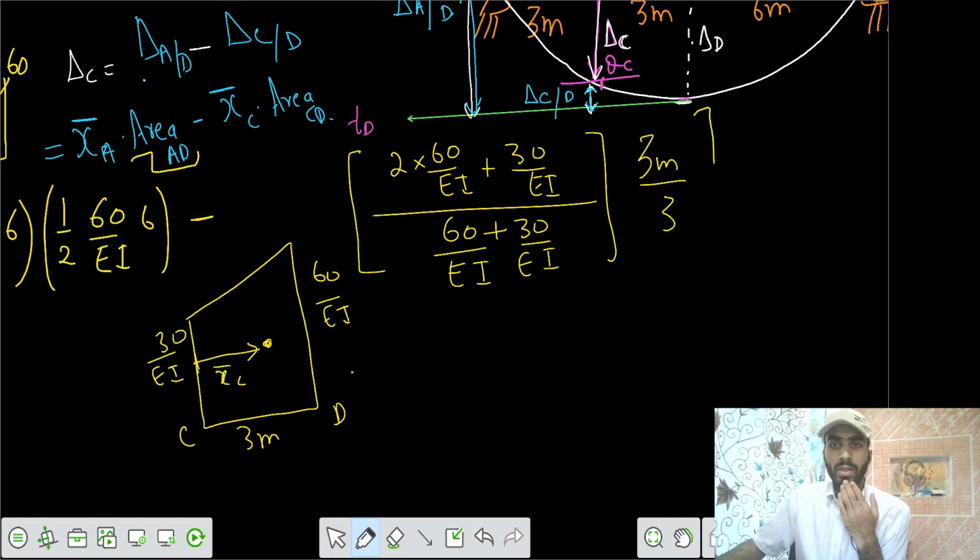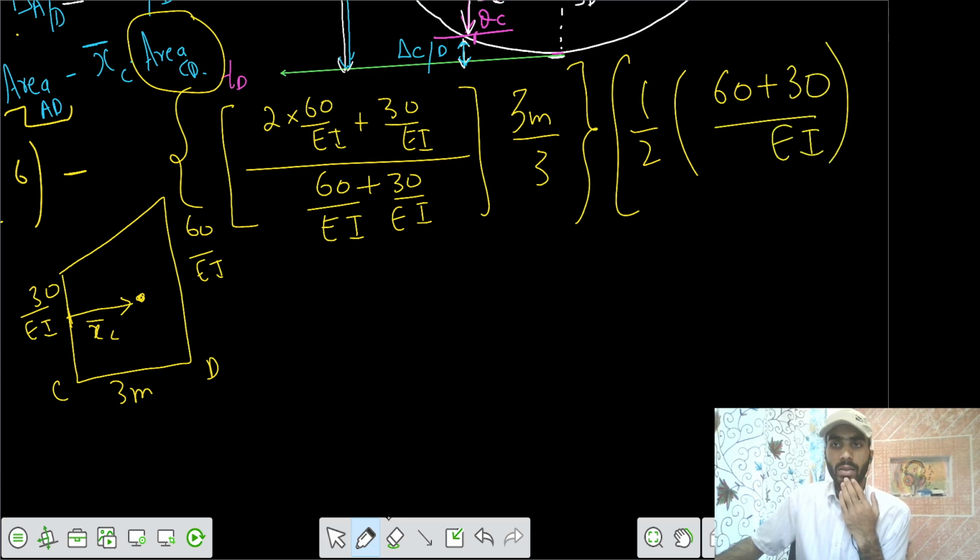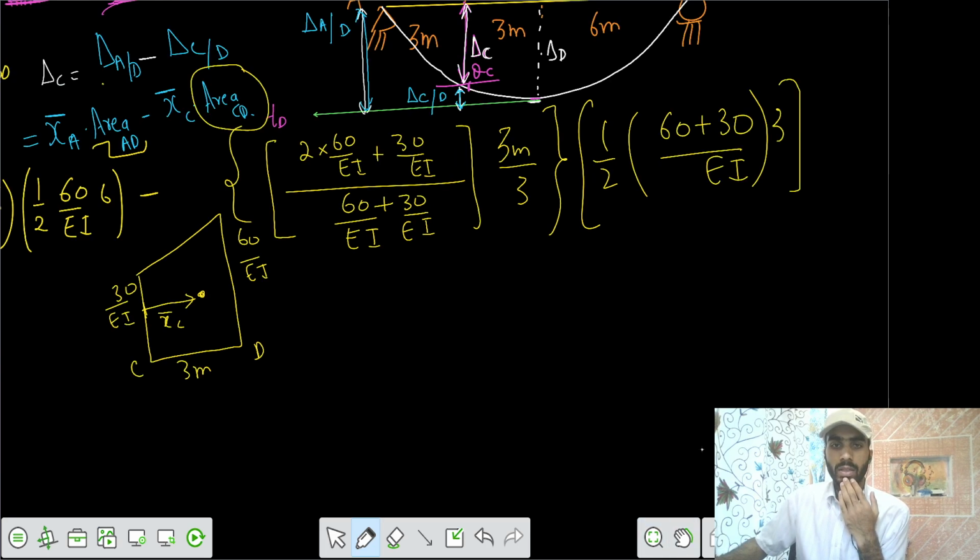And if we get this centroid, you have to multiply with the area of the trapezium, that's 1 by 2 parallel sides sum, that's 30 plus 60 by EI into length of 3 meter. So you get the area between the 2 points.